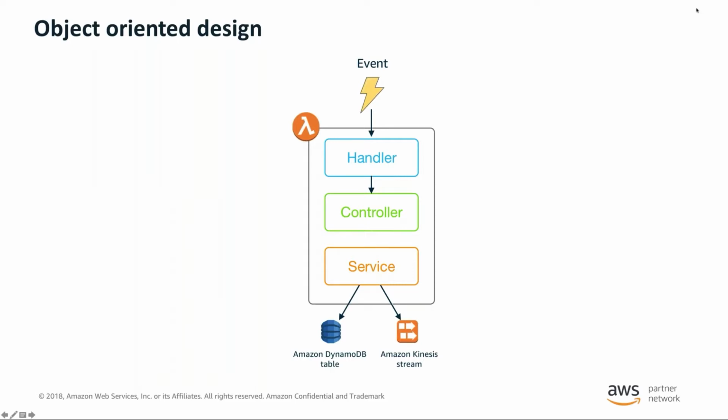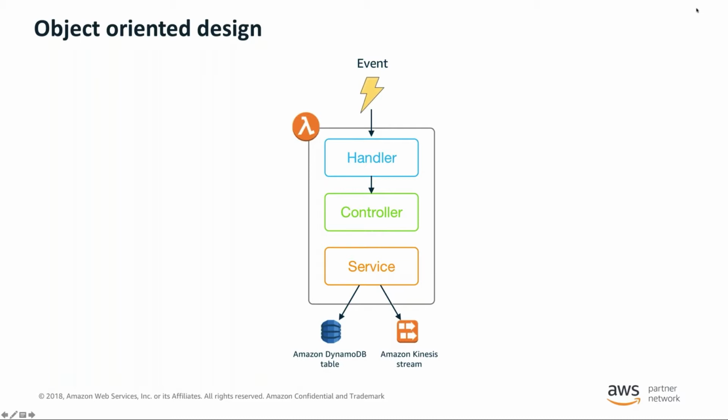One of the key pieces that's important to understand about making your serverless projects testable is that you need to adhere to good object-oriented, or depending on your language, functional code design. This is really about decoupling the core business logic of your application or of your Lambda functions from the Lambda-specific details of the execution environment.